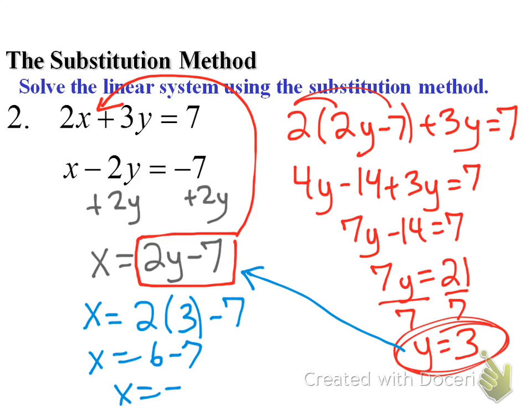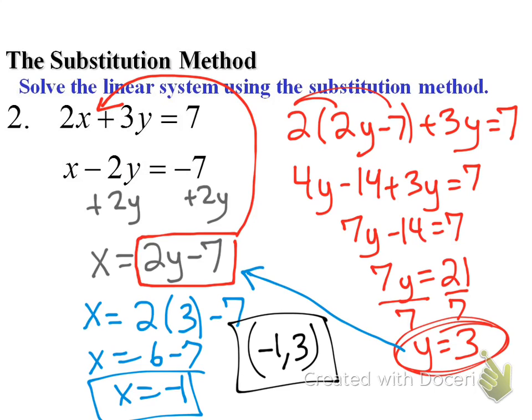So x is going to be negative 1. So the ordered pair here, negative 1, 3. Let's double check. If I plugged it in here, I would get negative 2 plus 9, that is 7, so it works. Here I would get negative 1 minus 6, which is negative 7, so this definitely works in both. What are your questions?